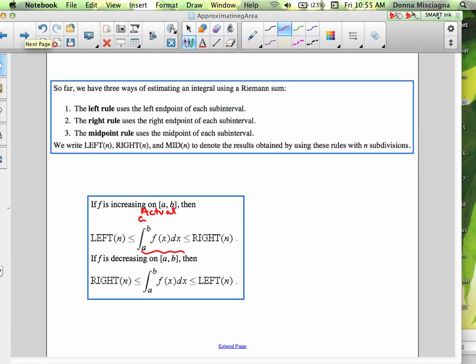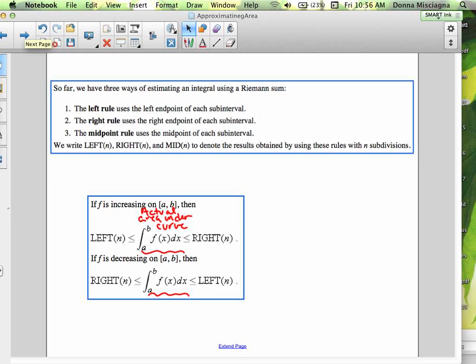The actual area under the curve is going to be between them, because the left-hand side will be an underestimate and the right will be the overestimate. If f is decreasing on the interval, then the right-hand side is an underestimate and the left-hand side is the overestimate, and then the actual area under the curve is in between those two.